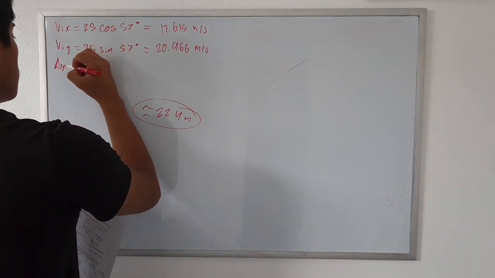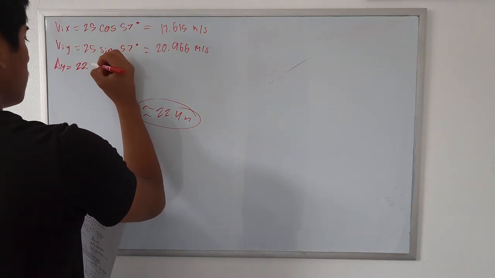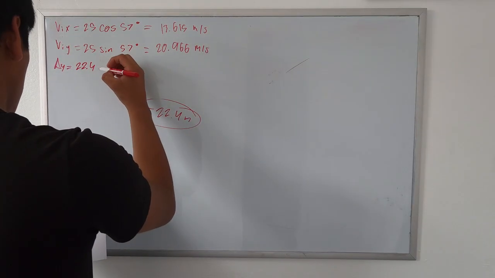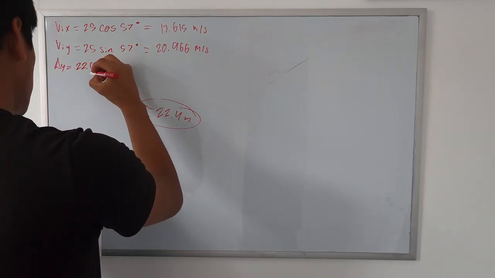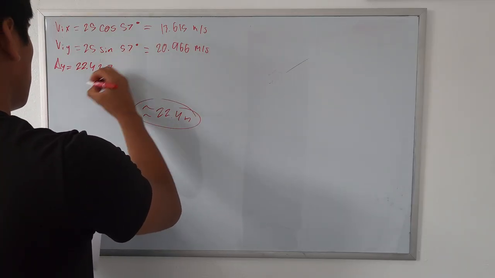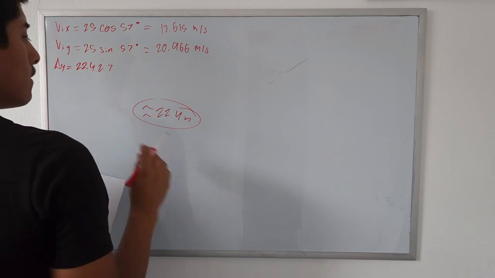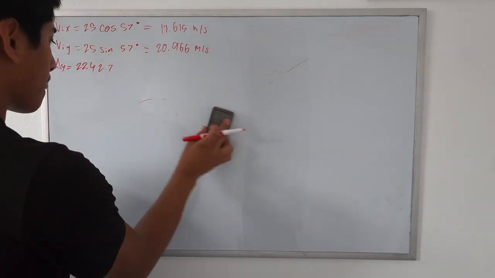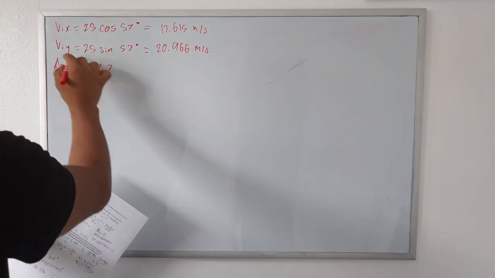So delta y is equal to 22.4, to be more specific, 22.427, and then this is going to be your initial in the y.